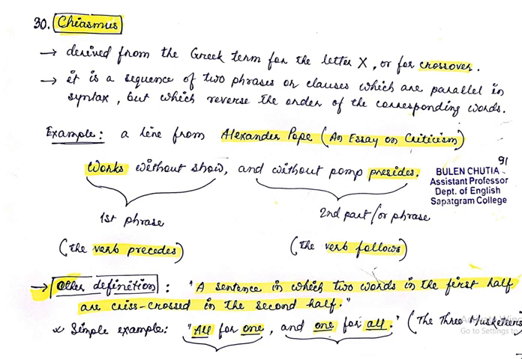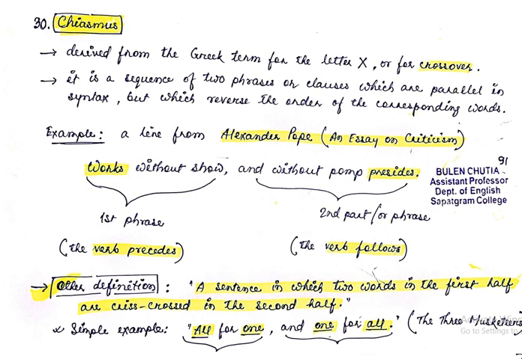But if you notice the second phrase, and without pomp presides, here the verb is presides, and it goes to the last part of that phrase. That is the exchange of the positions of the verbs or of the words. So this is an example of chiasmus.